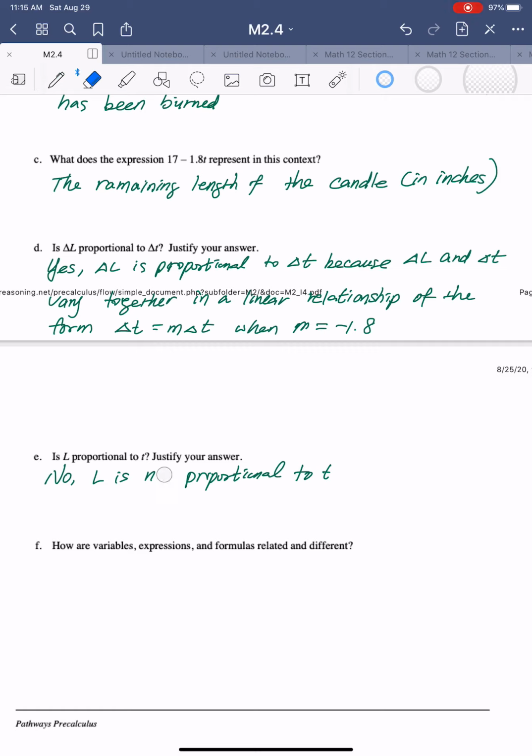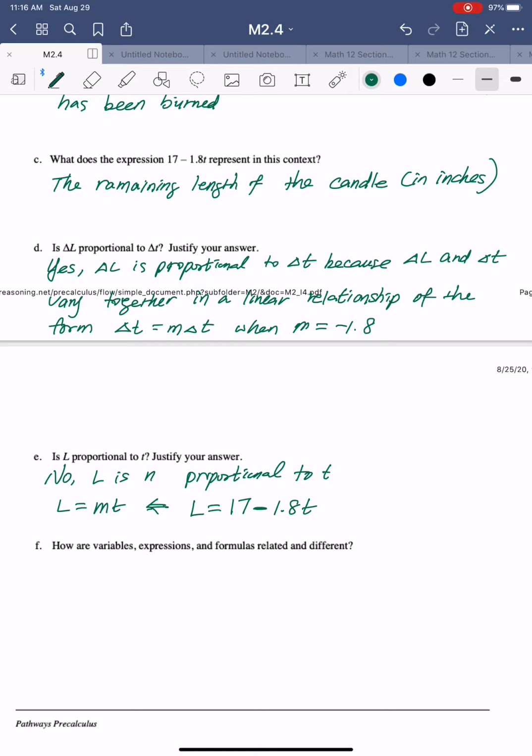If we want it to be proportional, L must be m times T. But here, L starts with a length of 17 for the candle at the beginning, and then reduces 1.8 inches each hour. So because of the 17, instead of just m times t, we have 17 minus. So it's not proportional for this equation.